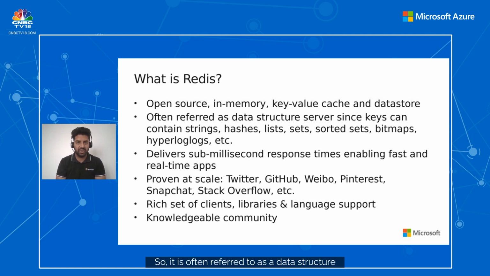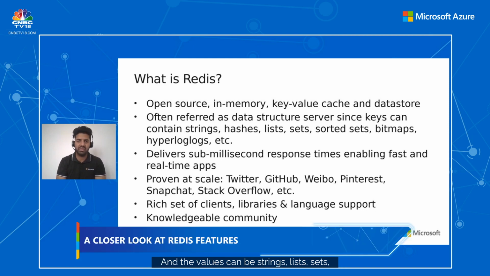So it is often referred to as a data structure since there are keys and values, and the values can be strings, lists, sets, bitmaps, etc. Now, Redis is open source and it delivers sub-millisecond response times. So it is very, very fast, right?